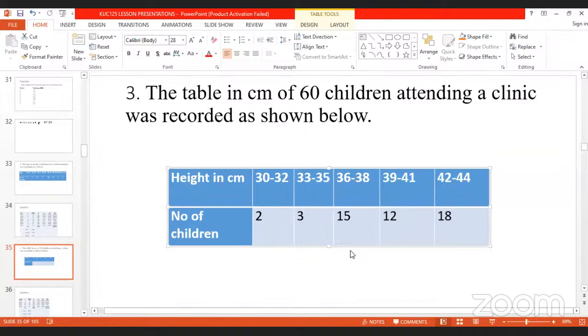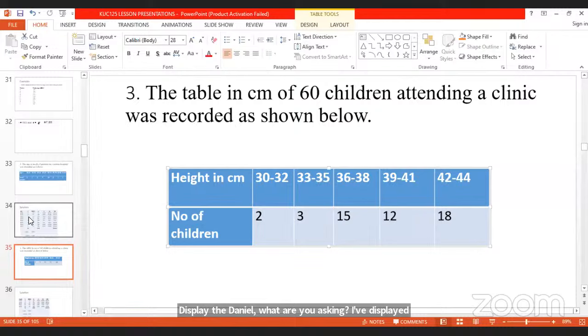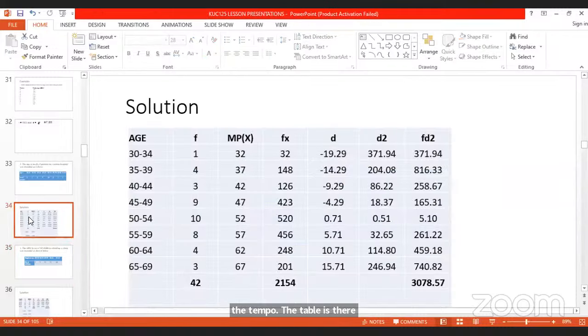Look at that table on the number of children attending a clinic. Display the whole table kindly. Daniel, what are you asking? I've displayed the table. The table is there.